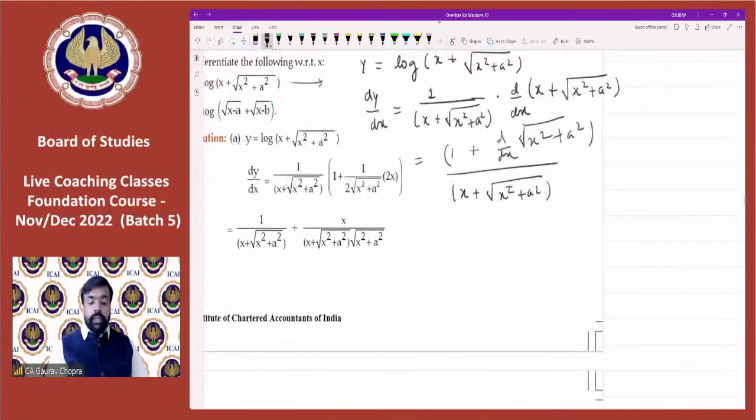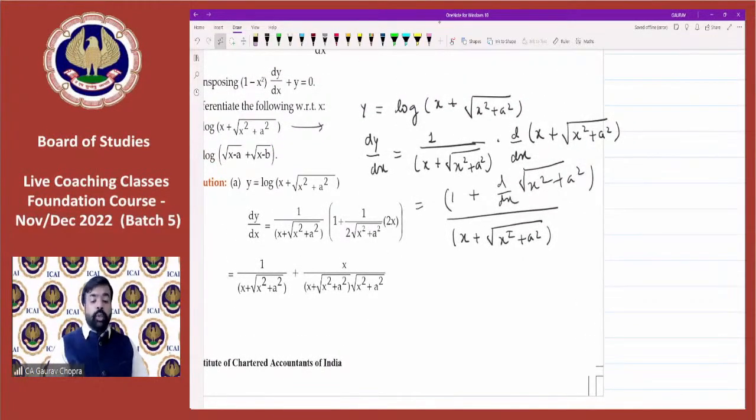So in the first step, what we have done: y equal to log x is given, so this is completely x, so we have taken 1 by x, then the derivative of that x. Now if we find the derivative of this complete value, the derivative of x is 1, and then we have to find the derivative of x square plus a square.